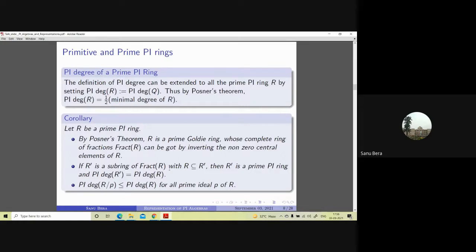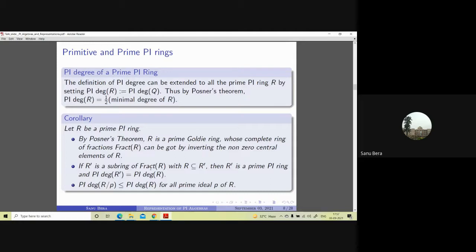If R prime is a subring of Q, which is the central simple algebra containing R, then R prime is also a prime PI ring. PI ring is easy, also prime ring is easy, just localize that prime ring. And its PI degree will be the same, because this is a subring of a PI ring. R prime is a subring of a PI ring, so it is also a PI ring.